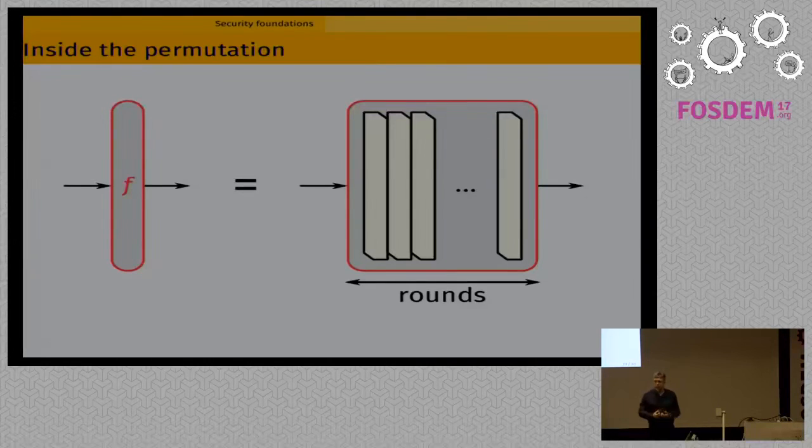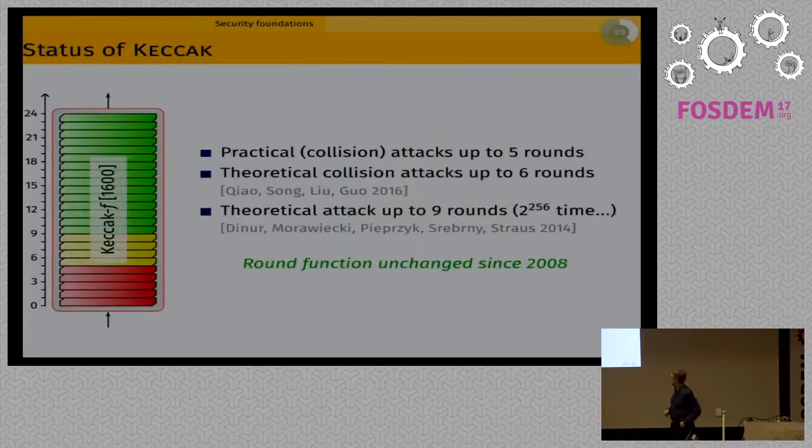There is a point where there are enough rounds for that permutation to be strong, and in this case for Keccak to be secure. What people actually do when doing cryptanalysis is that they try to break 1 round, 2 rounds, and so on, and they see how far they can go.